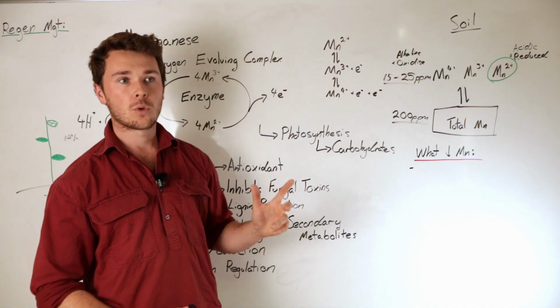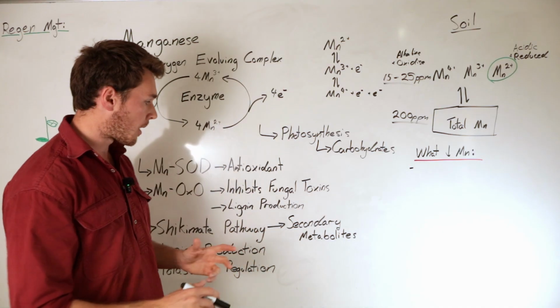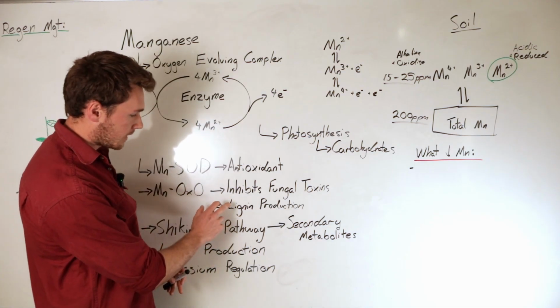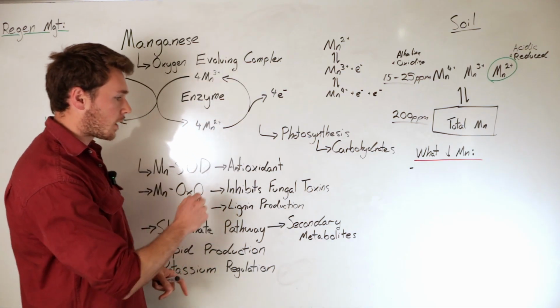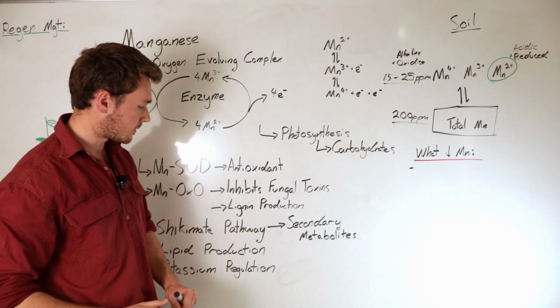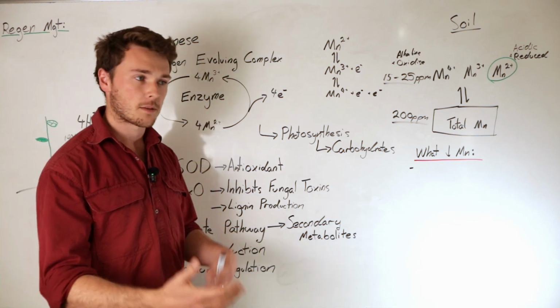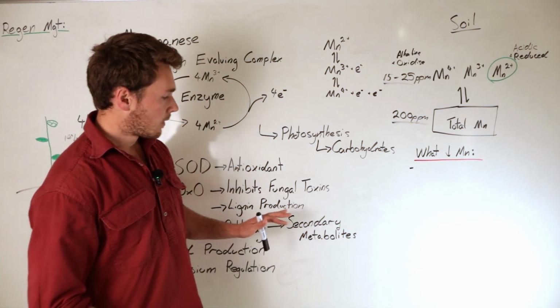When it comes to managing pest and disease with manganese, the most important components are the production of the lignin, as well as some of these compounds that inhibit fungal toxins. The other component is the secondary plant metabolites, which can also have anti-pathogen effects. Quite important.